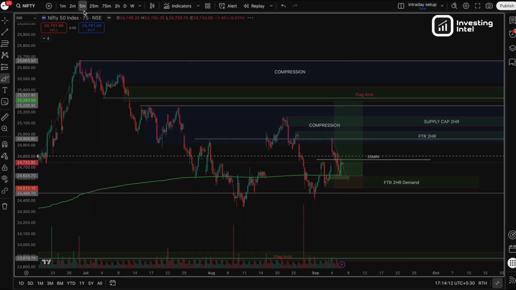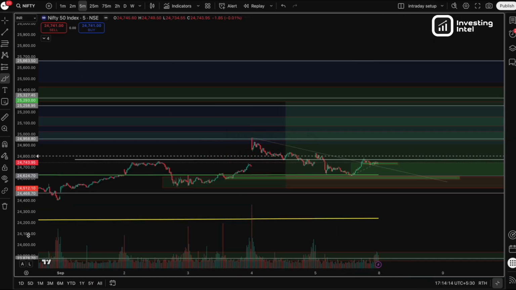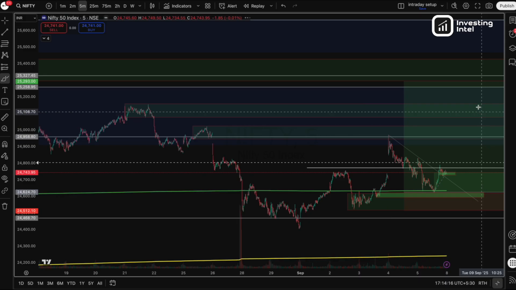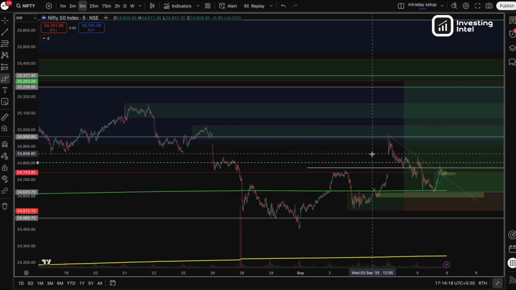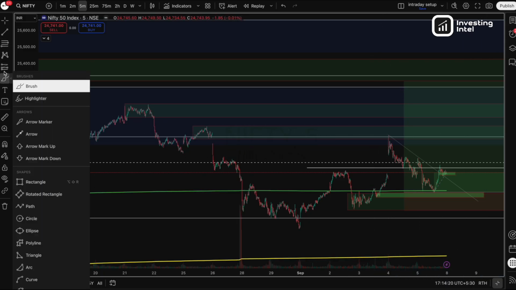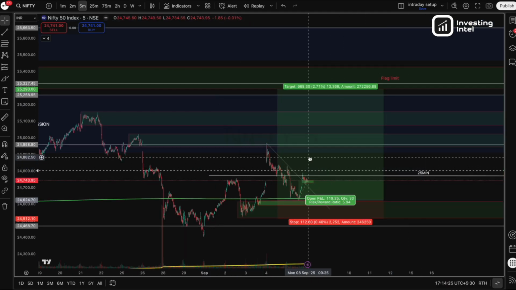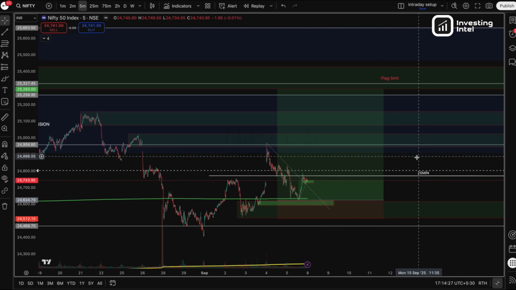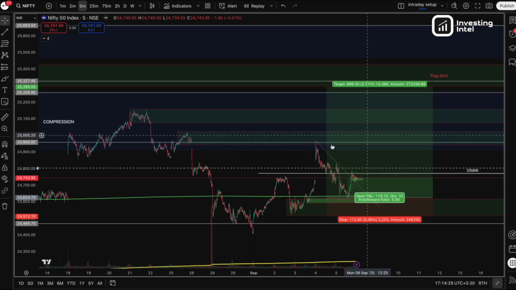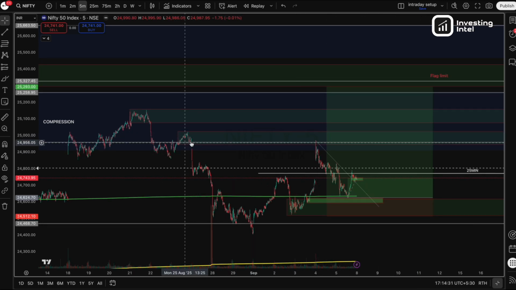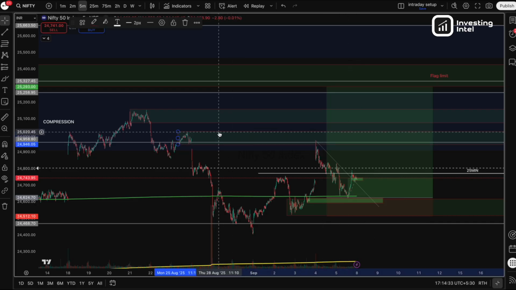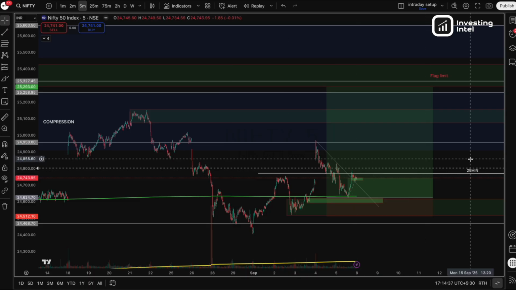If you're planning a trade, and this is not a recommendation, if price enters this zone and I get an opportunity here, there is also a tapped zone. This is not a supply zone now because it's already tapped.